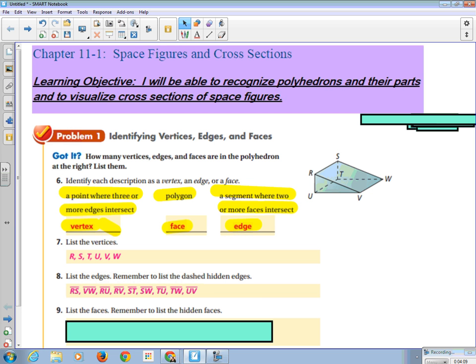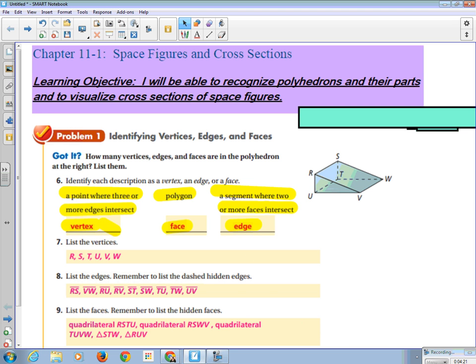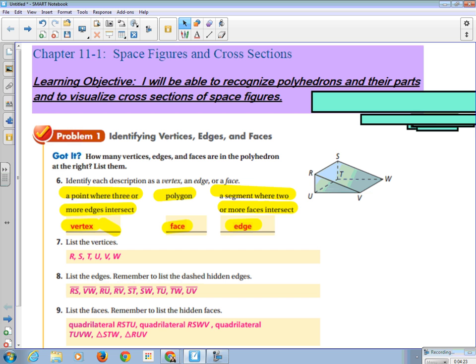All right, now think about this. We're going to list faces, and look at the way they're asking you to list a face, because I want you to use the same format to list items on your test. So the first face is quadrilateral RSTW. That's that guy in the back left. Quadrilateral RSWV.